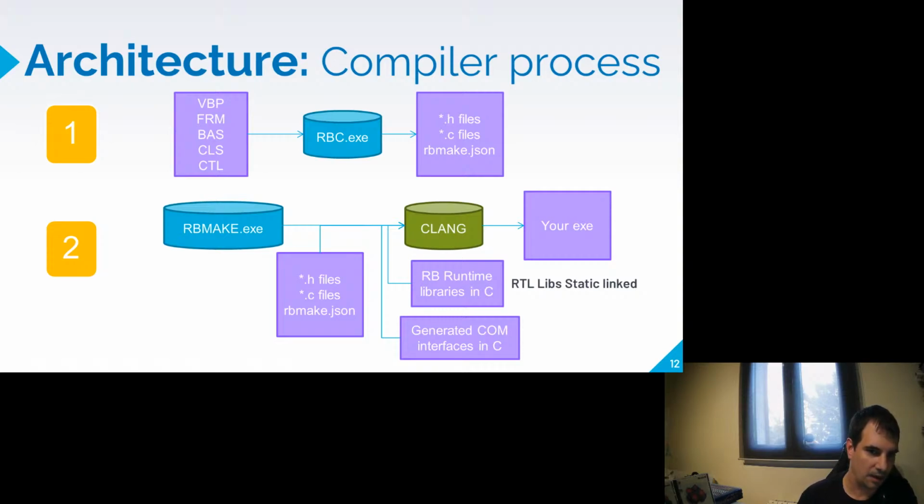Then the RAD Basic Compiler calls rbmake. This is the second step, and rbmake reads rbmake.json and compiles all of the .c files with the header files, of course, and links to the RAD Basic Runtime Libraries.